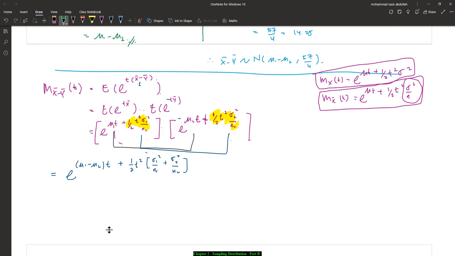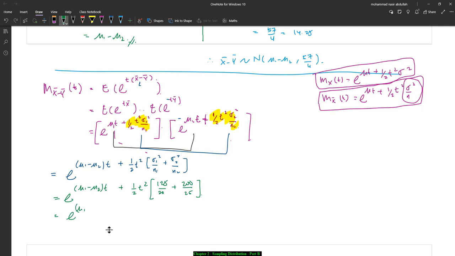So now we just plug in the value lah. Plug in the value. So exponential mu1 minus mu2 t plus 1 over 2 t squared, and then this one should be 125 over 20 plus 200 divided by 25, right?